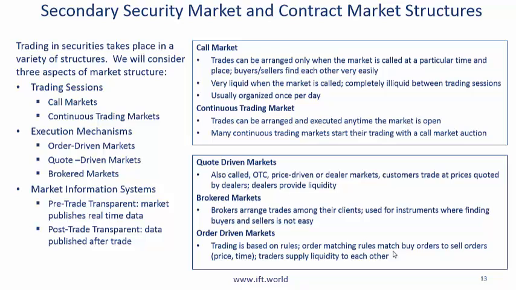From a buyer perspective, the party willing to buy at the highest price gets precedence. So that might be one rule. Another rule might be if two parties are willing to buy for 50, then the party that put the order first gets precedence. So these are two very simple rules. You can imagine that these order-driven markets have more sophisticated rules, but the two that I just mentioned are most likely to show up on an exam question.